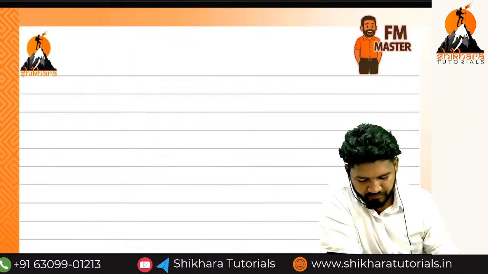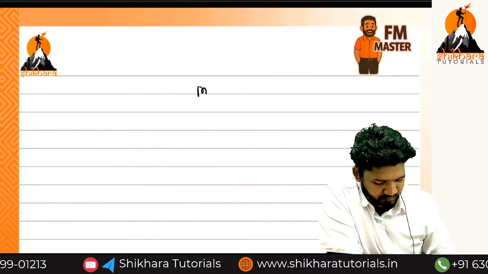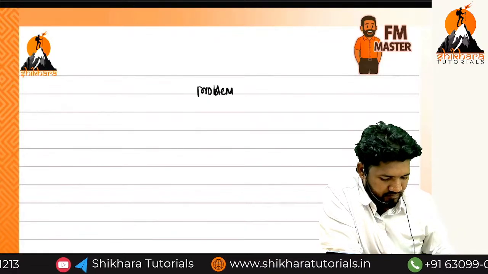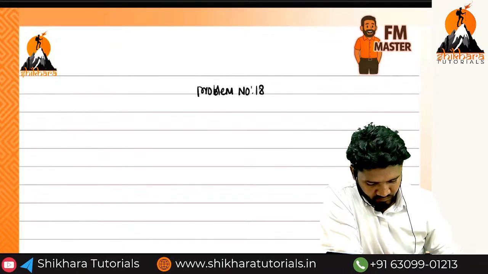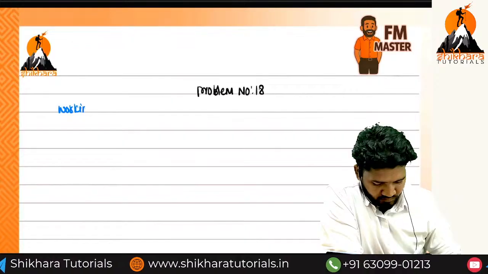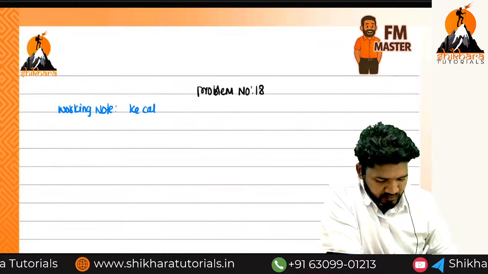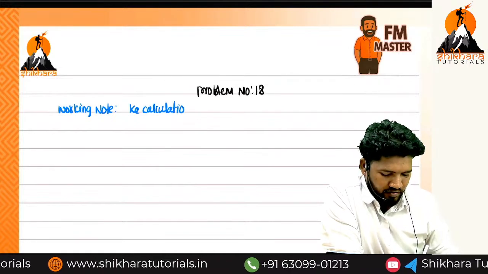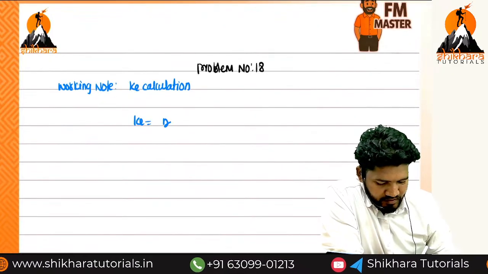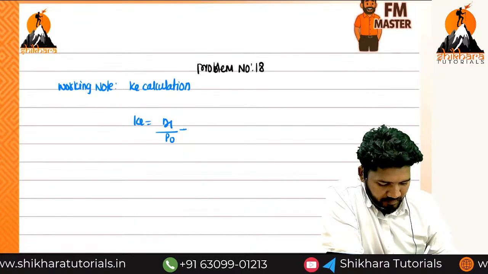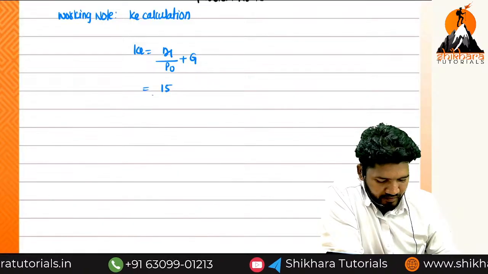I understand that it's a dividend growth model. If it's a dividend growth model, then K equals D1 divided by P0 plus growth. Now D1 is already there in the question paper, 15.